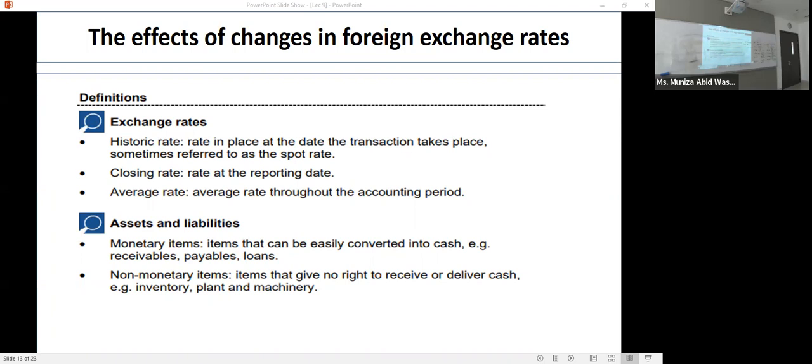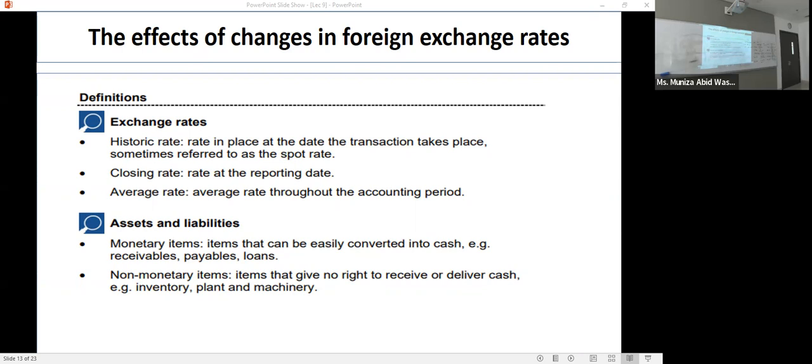Then assets and liabilities. We do know what assets and liabilities are, but in the case of foreign currency, they talk about monetary items and non-monetary items. What are monetary items? These are the quick assets. Monetary items are those items which are already in the form of cash or can be easily converted into cash: receivables, payables, loans, current assets.